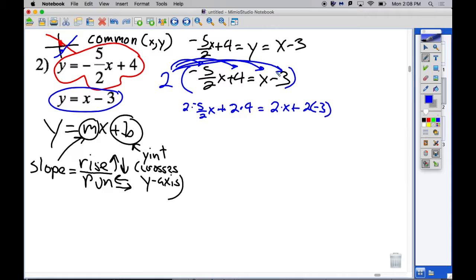Okay? Now at some point in time you won't have to write out as many steps. I want you to write it out now so you can visually see which mathematical operations we're doing. Now for this one, the first one, I've got 2, which is the same as 2 over 1. These 2's cancel and I get negative 5x plus, what's 2 times 4? So 8. Whoops. Got a little carried away there.